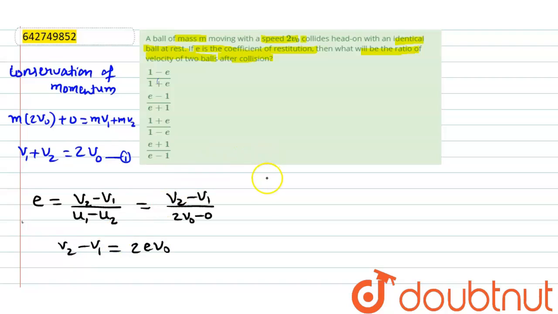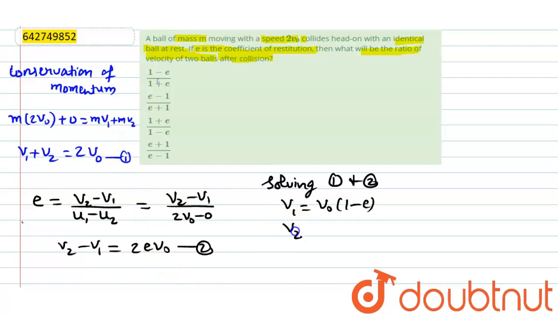And when we solve the first and second equations, solving 1 and 2, we get v1 equal to v0 into 1 minus e. After adding and subtracting, we get v1 equal to this and v2 becomes v0 into 1 plus e.